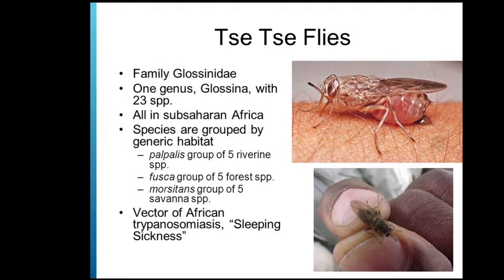So tsetse flies are vectors for African trypanosomiasis, or sleeping sickness. And you remember the distribution of sleeping sickness depends on the geographical distribution of tsetse flies. So the tsetse fly is the specific vector for sleeping sickness.